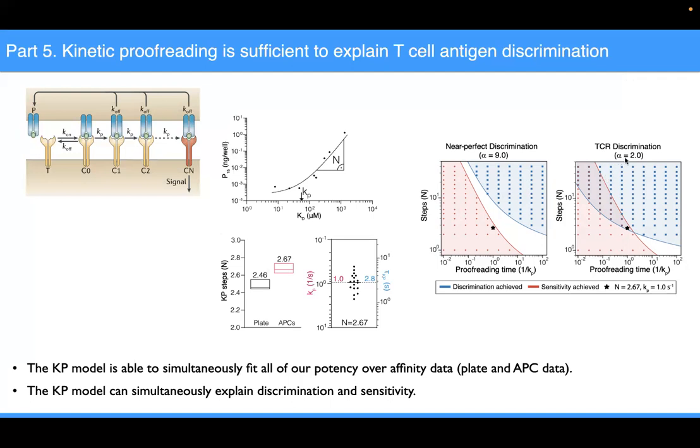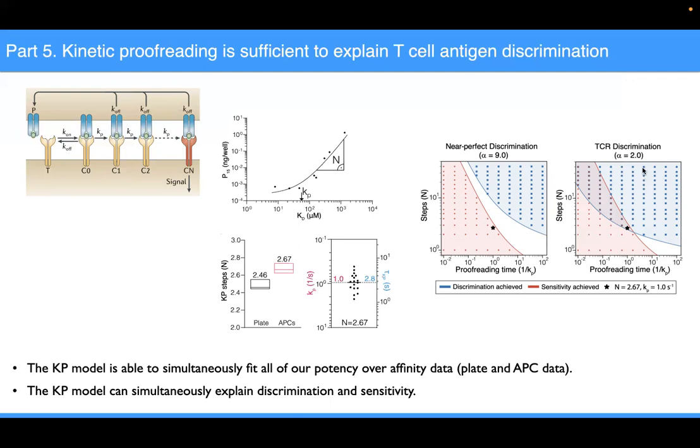On the other hand, if the T cell has a lower discriminatory power of 2, and I should say that this is the kind of thinking that went into excluding kinetic proofreading as being sufficient to explain this high discrimination power that I showed at the beginning, and this kind of motivates adding this mechanism X.